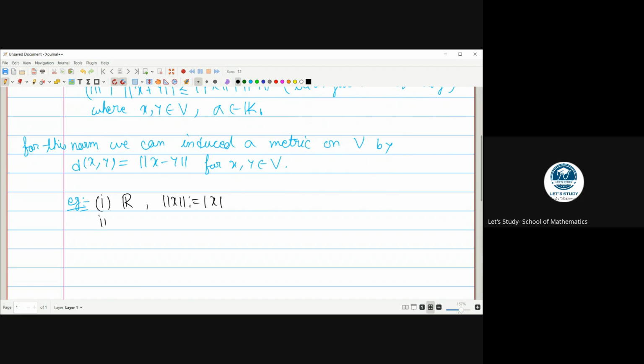Or R^n: for a vector x = (x1, ..., xn), we define the norm as the square root of x1 squared plus x2 squared plus up to xn squared.